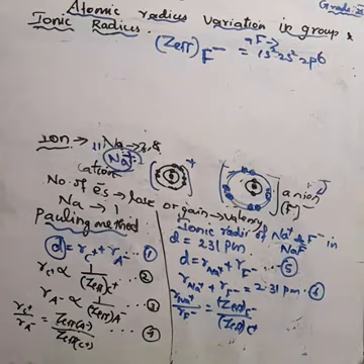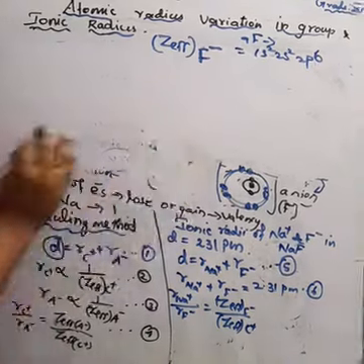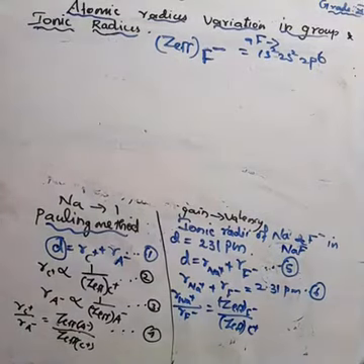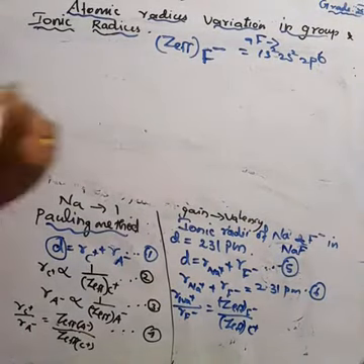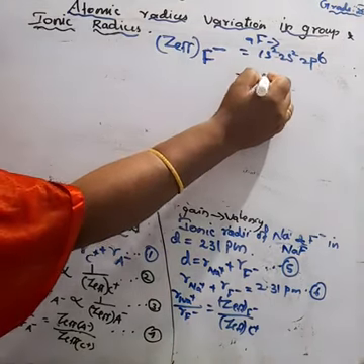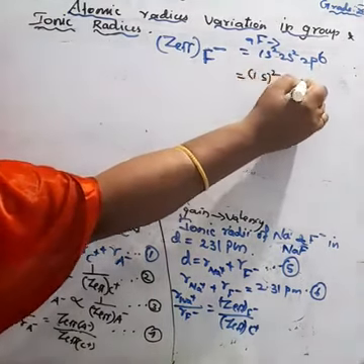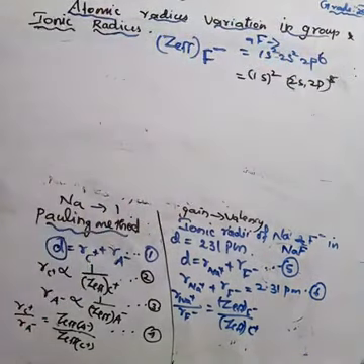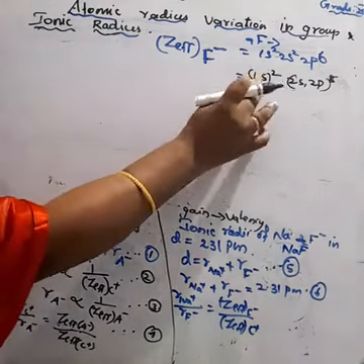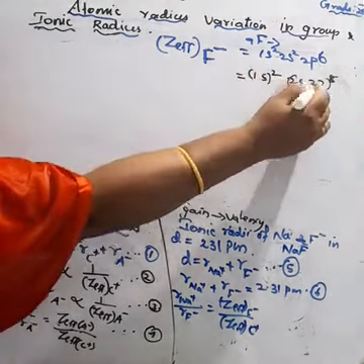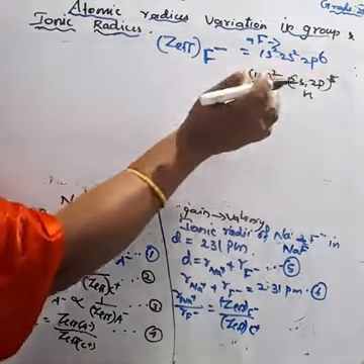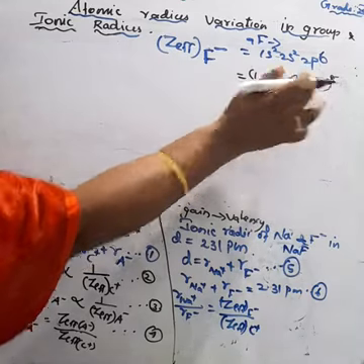Understood? According to Slater's rule, we can group these electrons: first the 1s2 electrons, and then the 2s and 2p electrons, which is 2 plus 6, that is 8 electrons. When calculating the effective nuclear charge by Slater's concept, we are taking the nth shell, because we are going to calculate the screening constant for the 2p orbital.